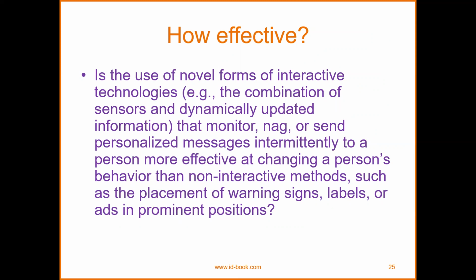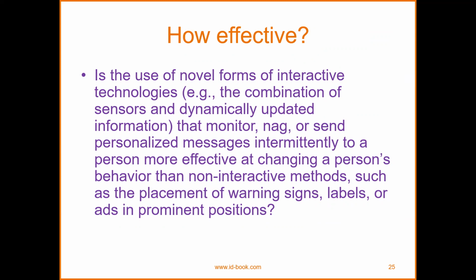Una nagiging effective to dahil unang-una nagiging interactive ka sa araw-araw na pamumuhay mo, including the technologies that you are using, you are utilizing it. The combination of sensors and dynamically updated information. Hindi lang siya nakakatulong doon sa tinatawag nating emotional level mo, pati na rin sa physical health. So personalized message intermittently to a person is more effective at changing person behavior than non-interactive methods.